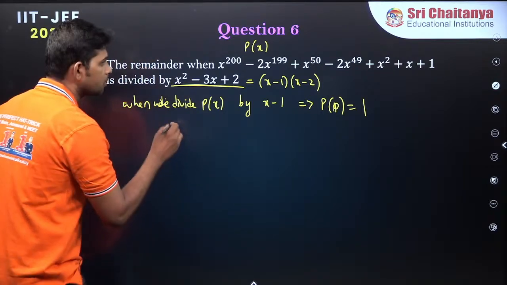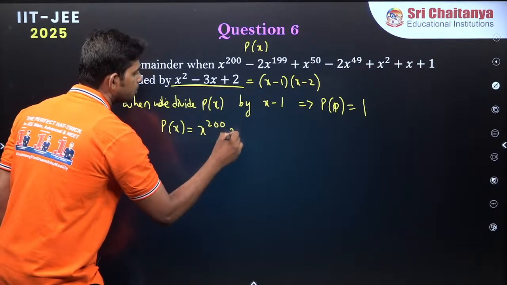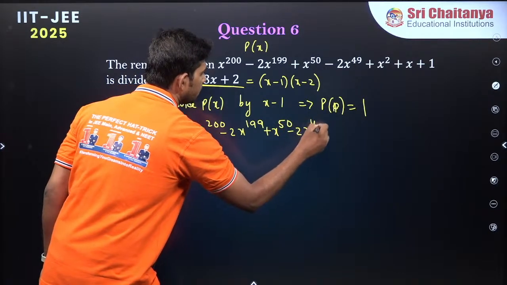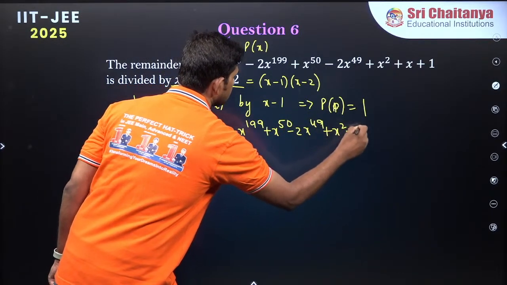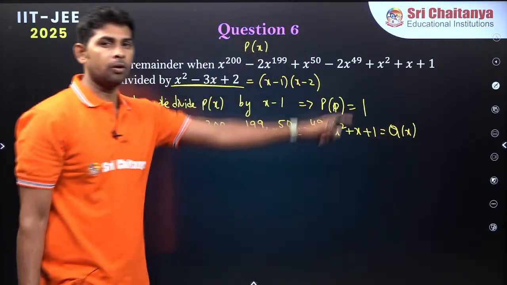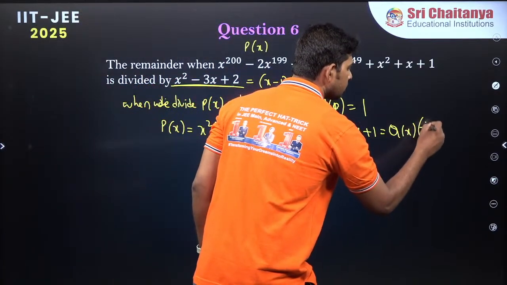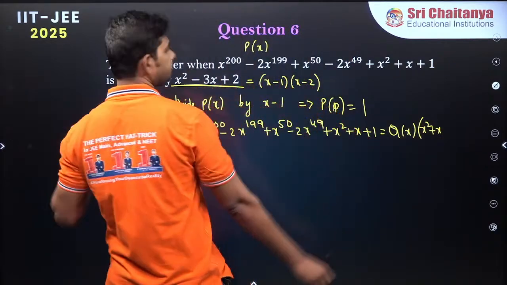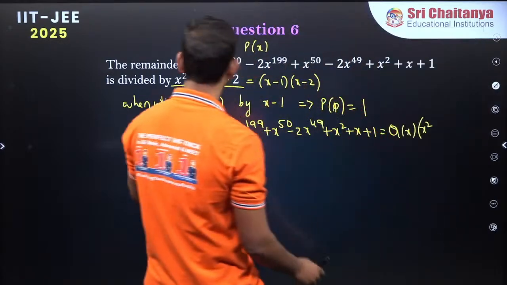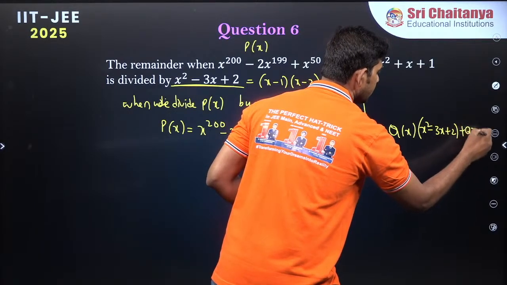So I am writing here P of x is equal to x power 200 minus 2 into x power 199 plus x power 50 minus 2 x power 49 plus x square plus x plus 1, is equal to, we don't know the quotient here, I am taking quotient there, but we do know the divisor, x square minus 3x plus 2, plus remainder, we don't know, that I am taking as ax plus b.